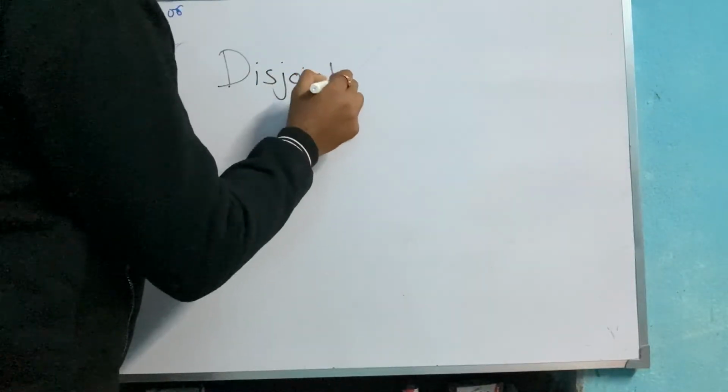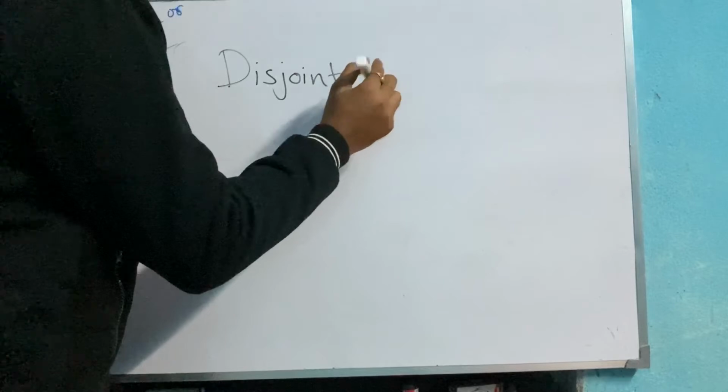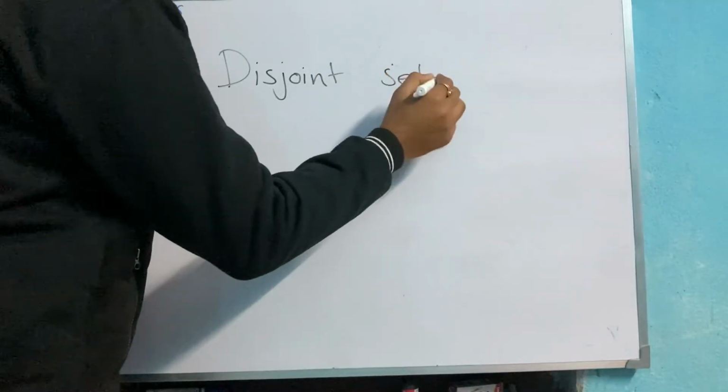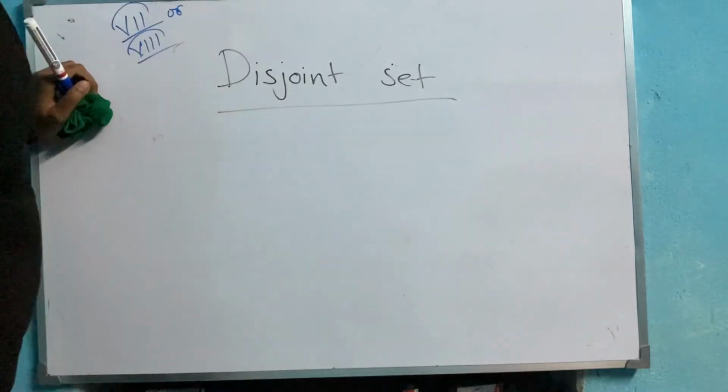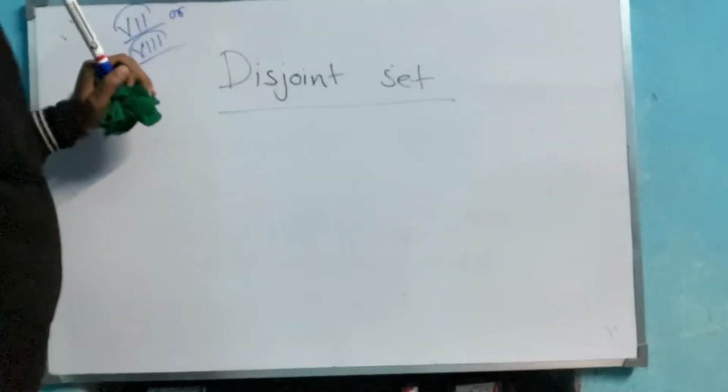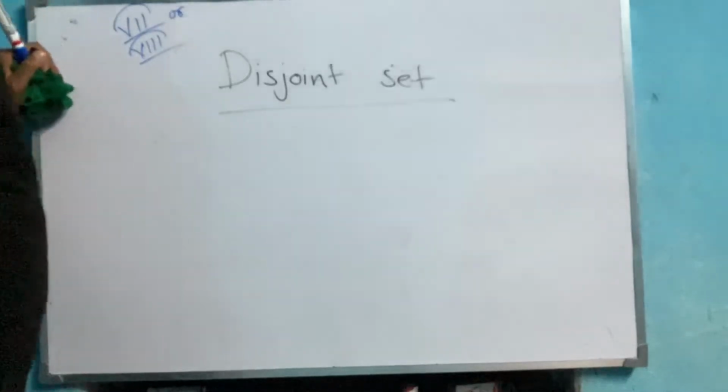That pair of sets may also be called disjoint sets. What is that? Disjoint sets.